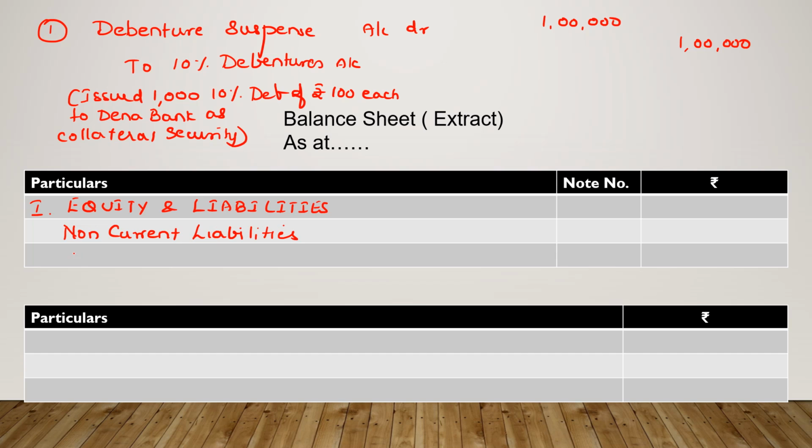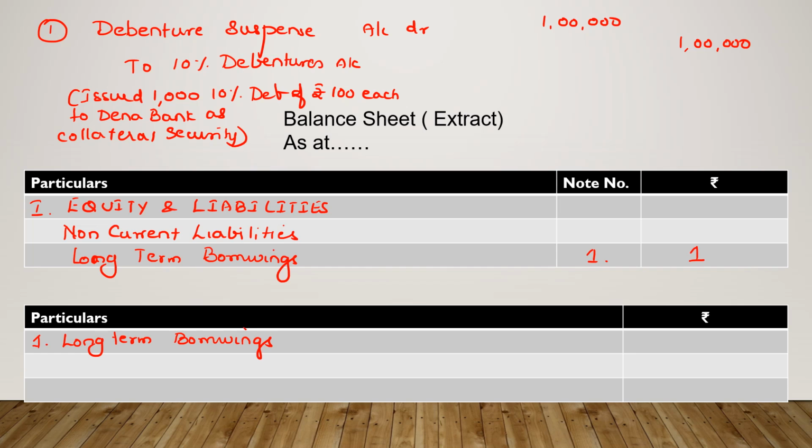Under that, we have the loan, long-term borrowings. Note number 1. In note number 1, here the long-term borrowing, we are going to give the detail.